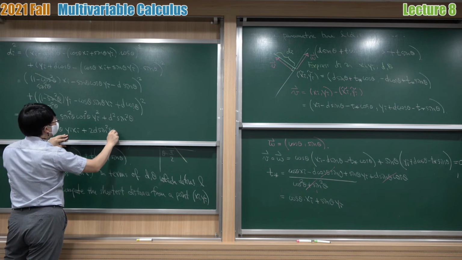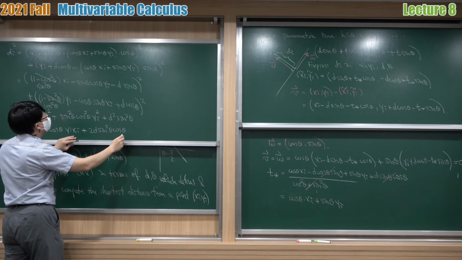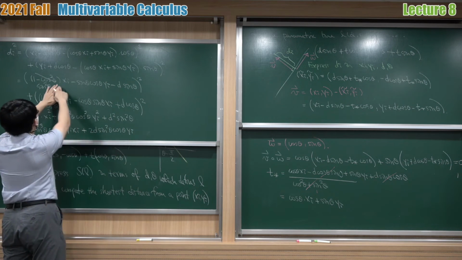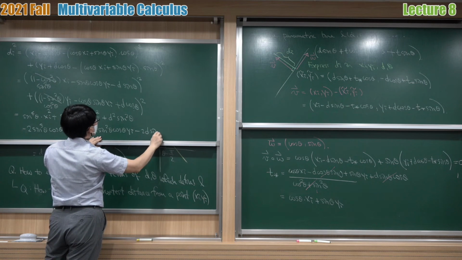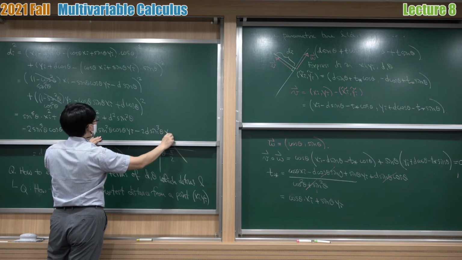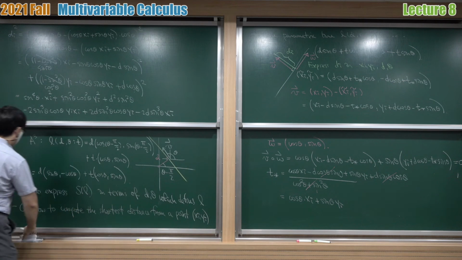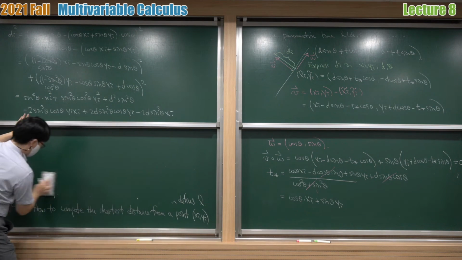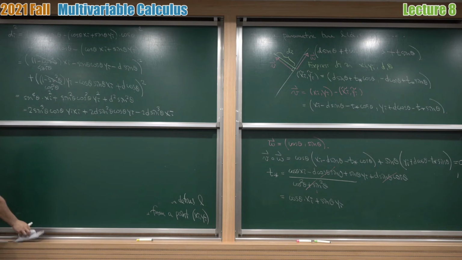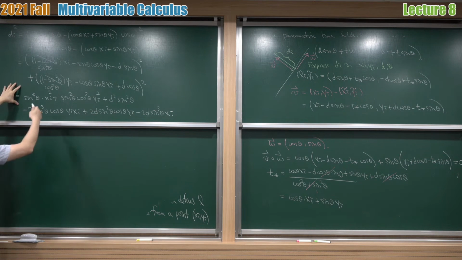sine square cosine yi, and the third, we have minus 2d sine cube xi. Okay, something will cancel out. Don't worry. Even if it's not canceled out, we are good because everything is in simple functions.